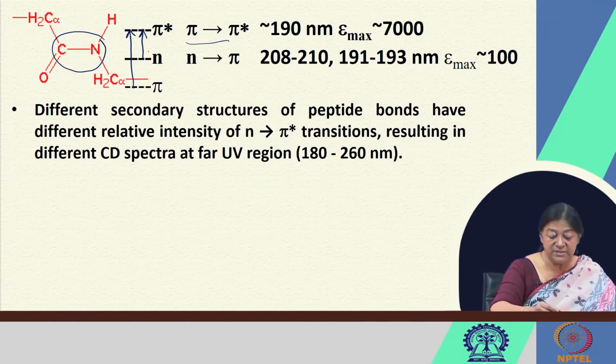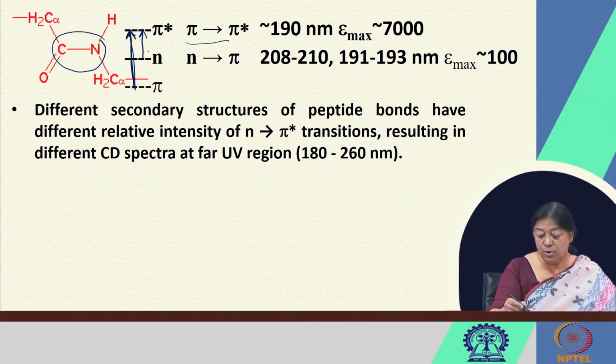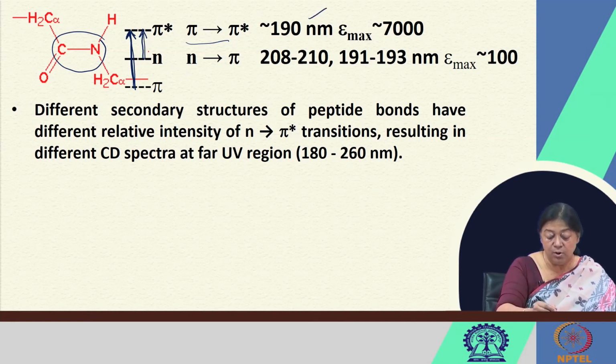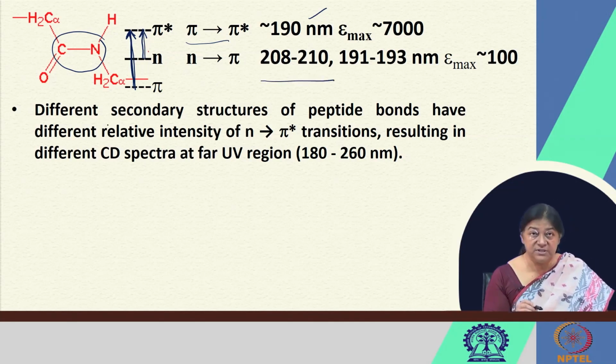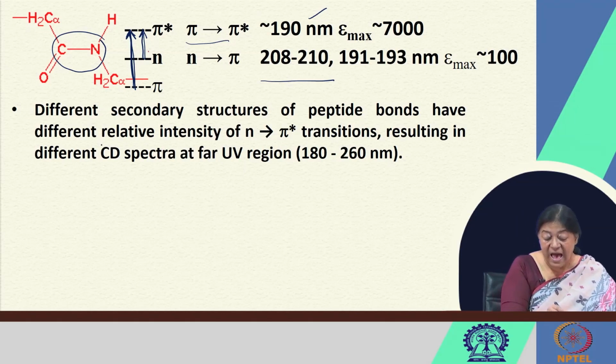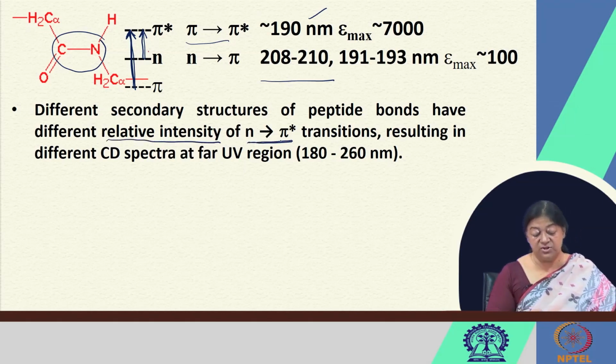A pi to pi star transition is going to be of a lower wavelength, and an N to pi star transition, the energy gap being lower, is going to correspond to a larger wavelength. So, different secondary structures of the peptide bonds have different relative intensity of their N to pi star transitions.